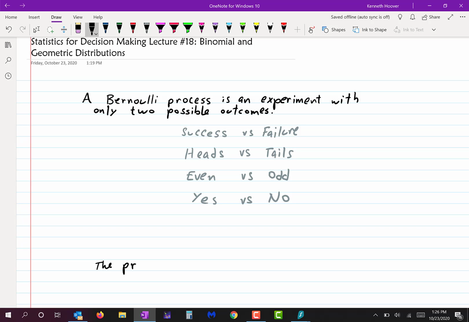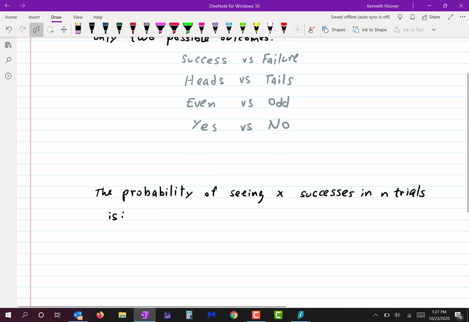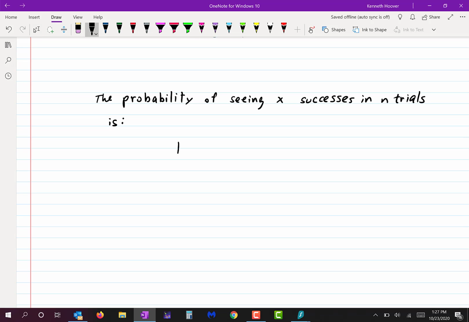The probability of seeing X successes in n trials is equal to n choose X, which we talked about last time, so you know what that means, times p to the x.